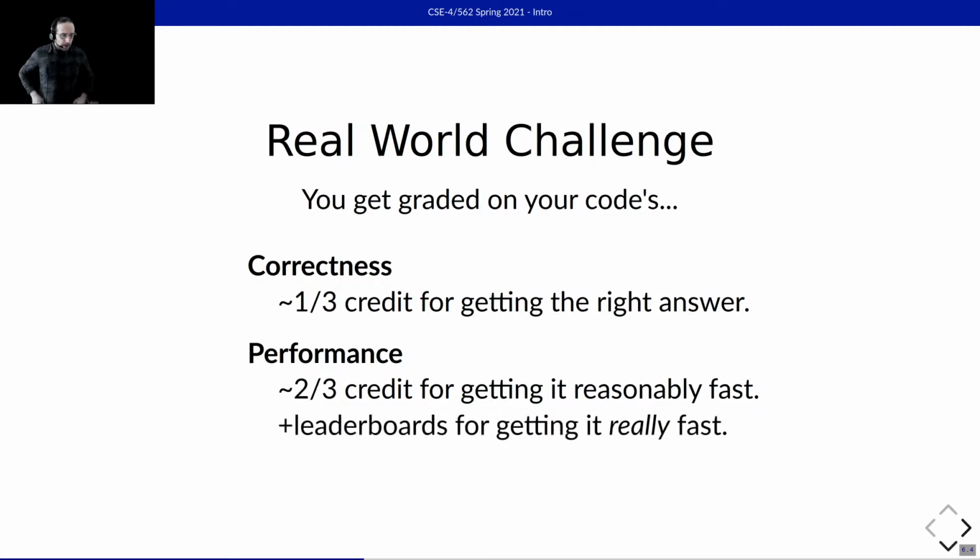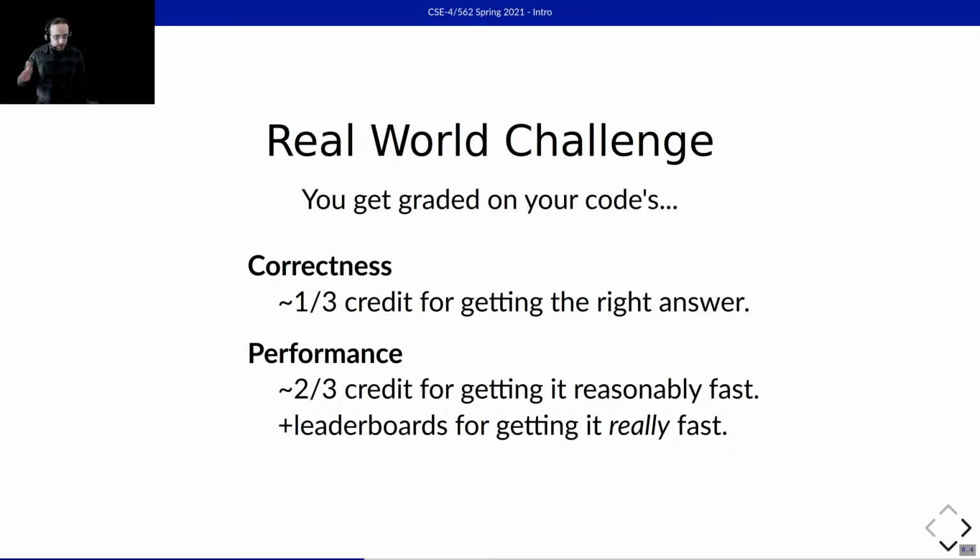Now, while I will tell you exactly how to get an A, there is another perk in this class. Over the course of the semester, I'll be maintaining a leaderboard of performance. Just to make this clear, the leaderboard will only show up if you exceed the performance required for an A by a significant amount.